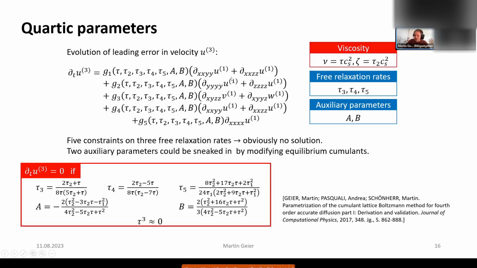If all the factors to these terms are simultaneously zero, then this error term is gone. This is achieved by putting the free parameters in the numbers like this. And this turns a second order scheme that we had into a first order scheme.